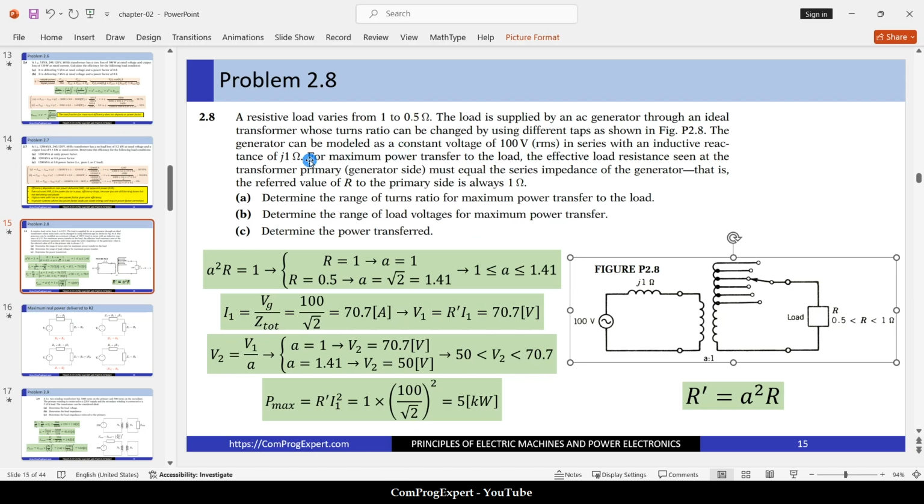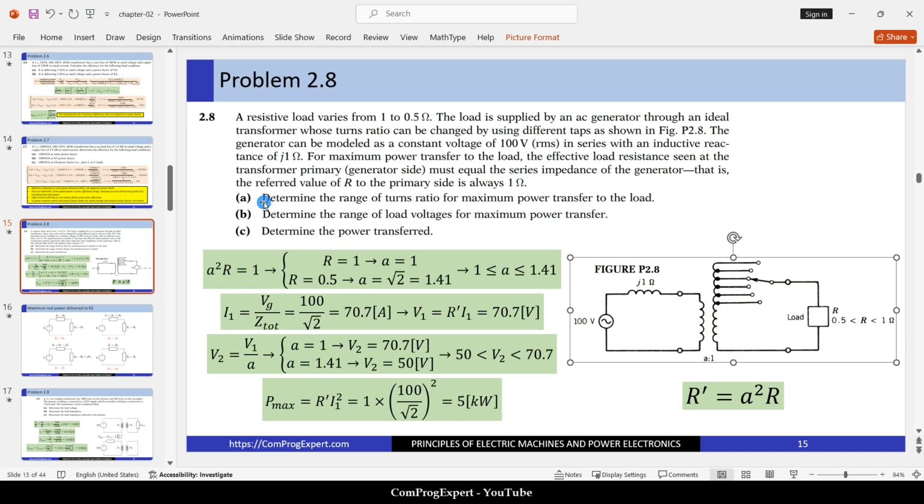So for maximum power transfer to the load, the effective load resistance seen at the transformer primary, the generator side, must equal the series impedance of the generator, that is, the referred value of R to the primary side is always 1 ohm.